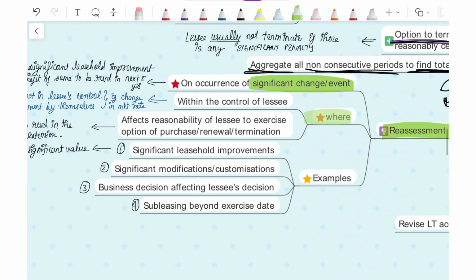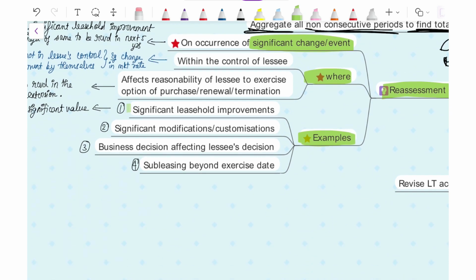So when can such significant changes or events arise? Here we have given a few examples. Either you have made a significant leasehold improvement by which there might be a need to reassess, or significant modifications or customizations you might have made, or there might be a business decision you have taken which might affect the lease term, or you have made a subleasing which is beyond the exercise date.